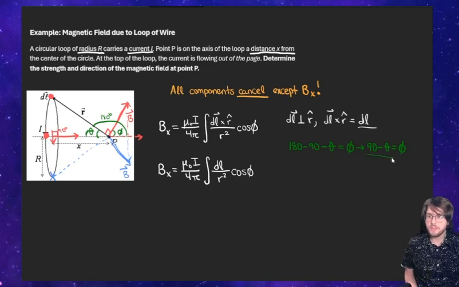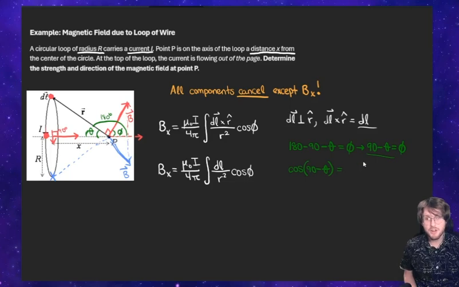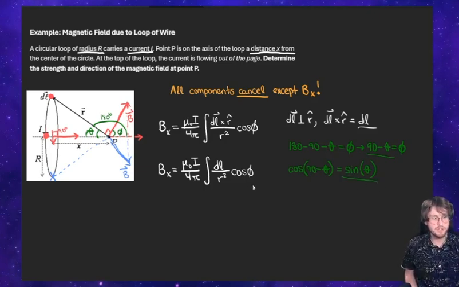So plugging this in for phi within our cosine of phi here, we've got cosine of 90 minus theta, which can convert into sine of theta, since 90 minus an angle plugged into a trig function will always equal the other trig function. So if it's cosine, it'll turn into sine, or vice versa.